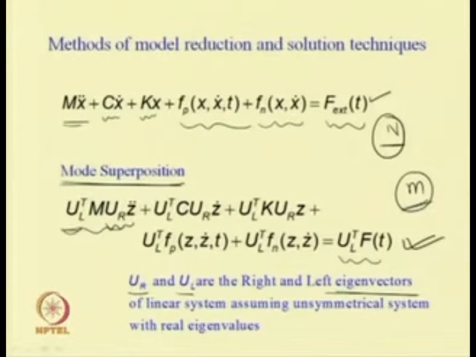But the disadvantage is that while these 3 matrices on the left side are reduced to 2 by 2, the nonlinear terms and the forcing vector are not, so during simulation one has to find these modes and rotate between the physical coordinates and the modal coordinates.